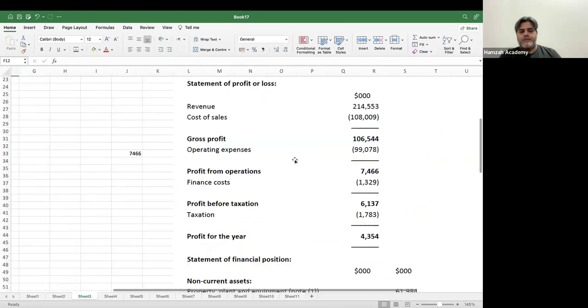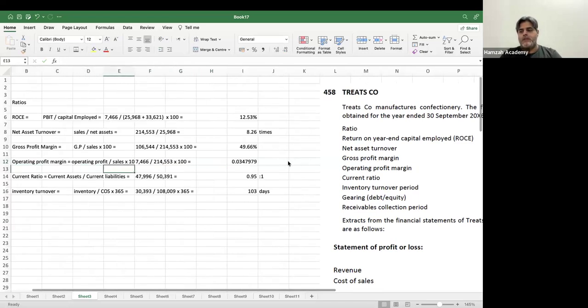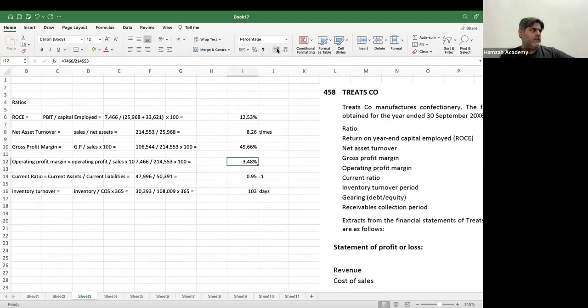So operating profit is 7466 by sales of 214,553 into 100, and we get 3.48%.